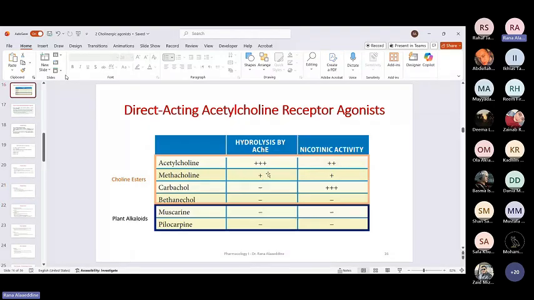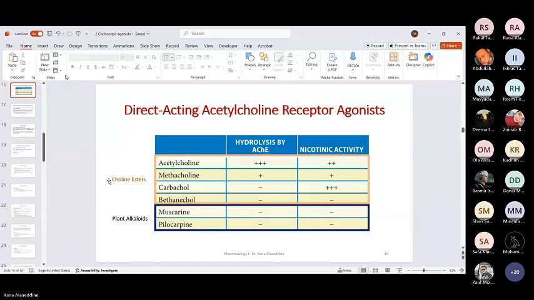Also short, but slightly longer than acetylcholine. And does it bind to nicotinic receptors? Guys, does it bind to nicotinic receptors? Methacholine? Yes, it does.